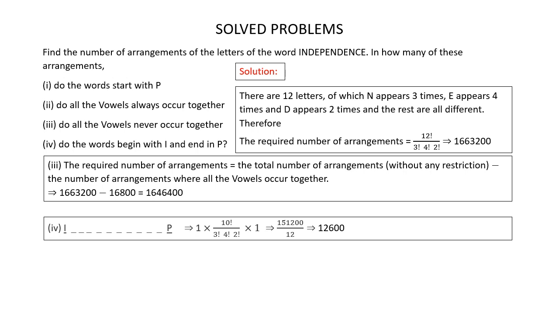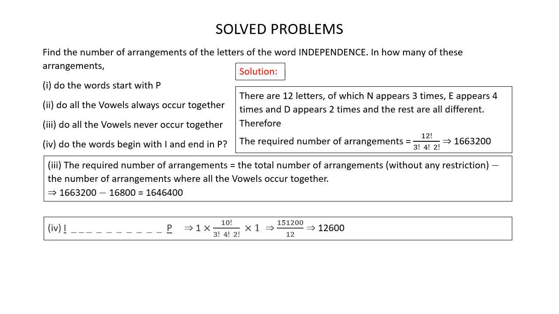The repeat factorials are 3 factorial because n appears 3 times, 4 factorial because e appears 4 times, and 2 factorial because d appears 2 times. So the number of arrangements of the 10 letters in these 10 positions is 10 factorial divided by 3 factorial multiplied by 4 factorial multiplied by 2 factorial.